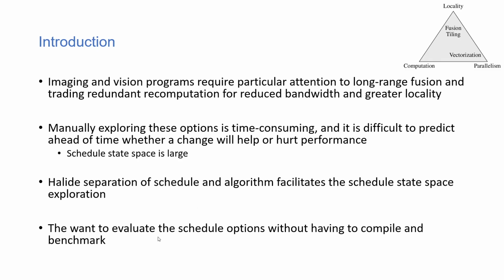One thing that this paper talks about is the cost model, because we want to evaluate each of these many options without having to benchmark empirically the performance on the target machine. So the cost model uses a deep learning network trained with the expected performance on the particular hardware, for that particular option, to speed up the exploration phase.